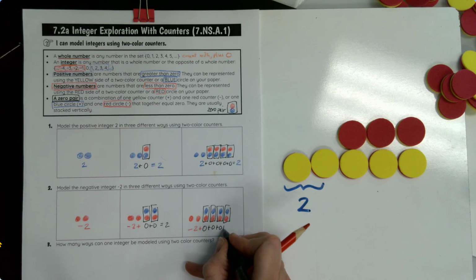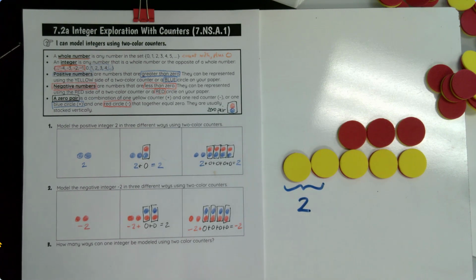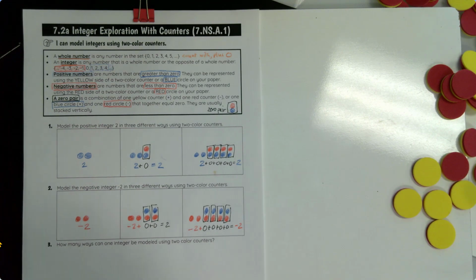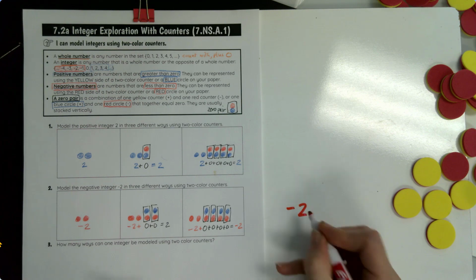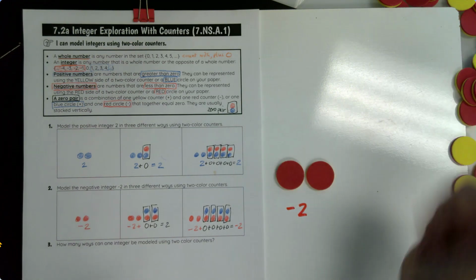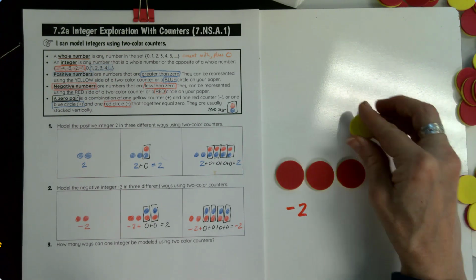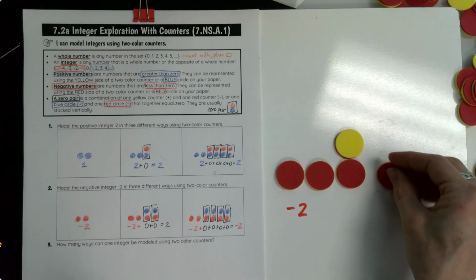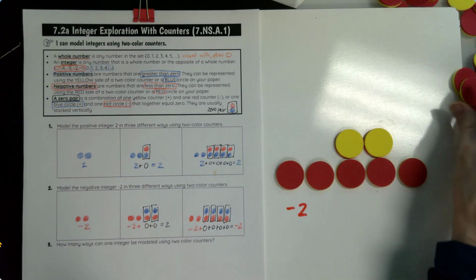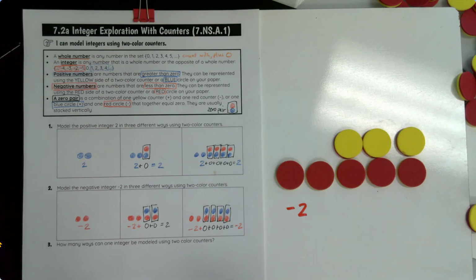So what I see on the page is still negative 2. Likewise, if I build it over here, if I want to build a negative 2, then I would need to put some red counters down. So here's my first way of writing a negative 2. I can keep the value equal to negative 2 if I just add some zero pairs on, however many I want. So this will still be a negative 2.